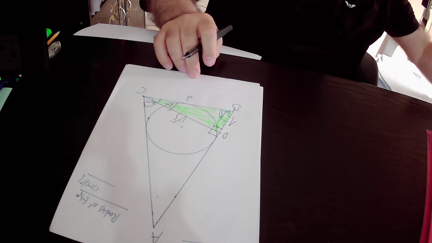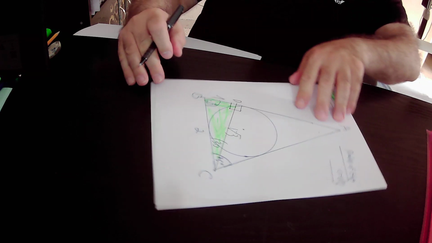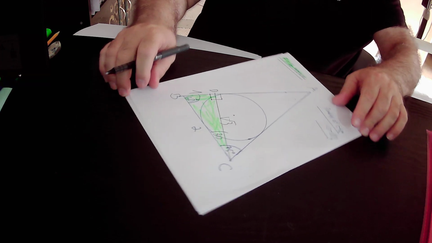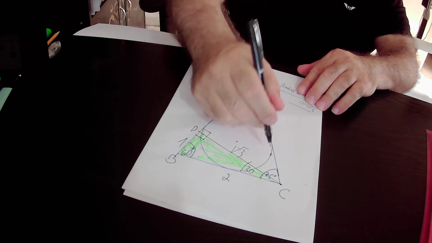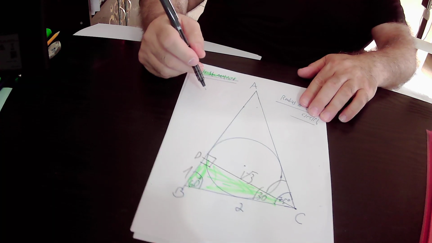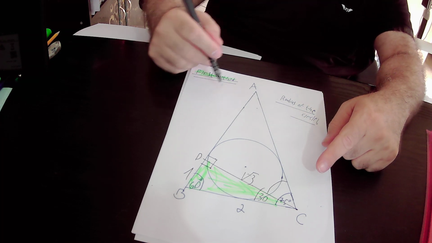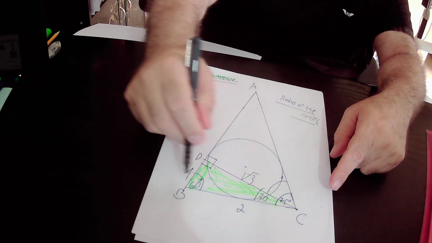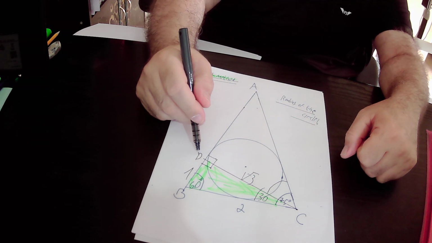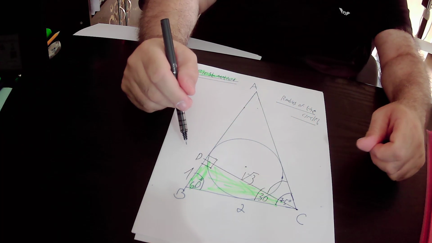In the next step, we will find out the size of this angle. This angle equals the size of the big angle, that is angle ACB, minus the size of the small angle, that is angle DCB.